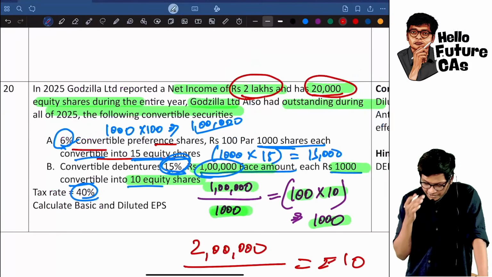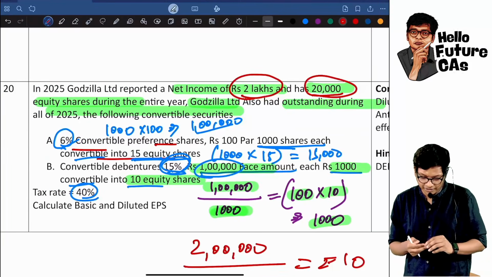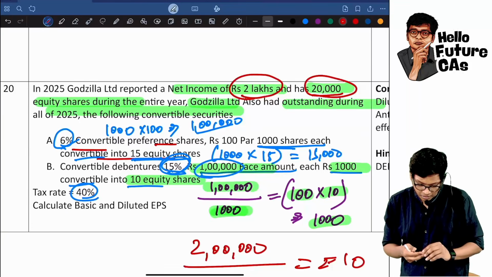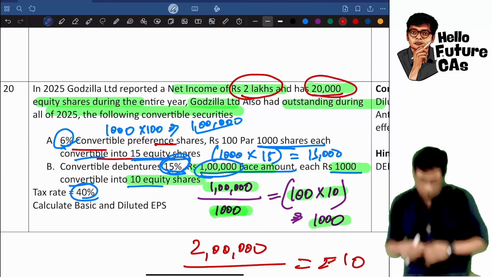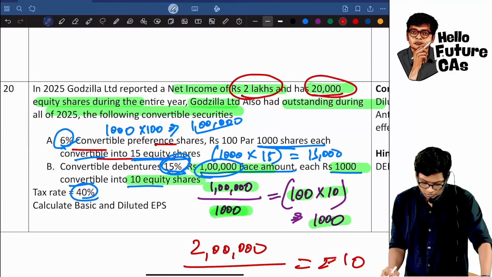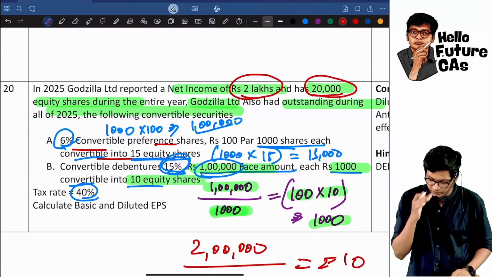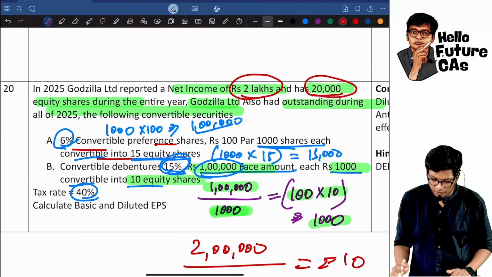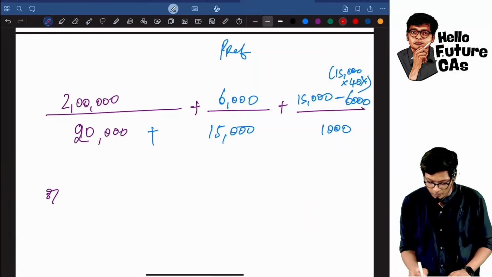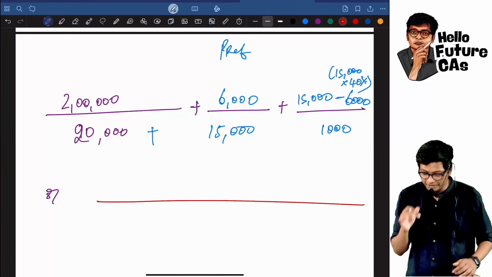I think preference shares alone is going to be 6% preference shares, rupees 100 par. Thousand shares each convertible into 15 equity. Okay, fine. First, let's do it here. How much are we getting total, guys? 20,000 plus 15.